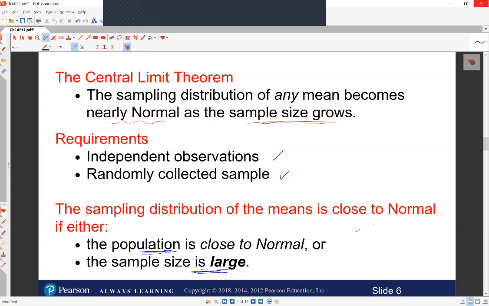And if not, you want to check your sample size and ask yourself, is your sample size large? Now, we will delve into this a little bit more. This is not the answer to every single problem, but we will, at least in this class, say that if your sample size is at least 30, we will consider that large enough.